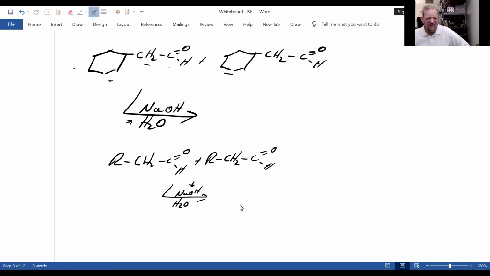Oh, I should mention another popular base is potassium hydroxide. I usually stick to this one. Why? It's cheaper. If you're working in industry, you know prices like that.